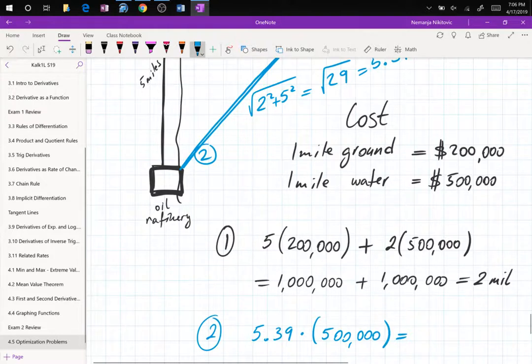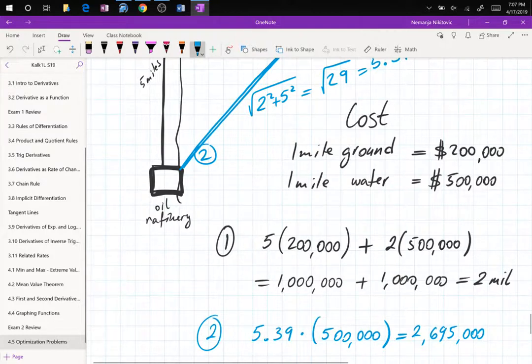And when you multiply these numbers, 5.39 times 500 is equal to $2,695,000. So what's cheaper? Right? The first one. It's almost 700,000 cheaper.